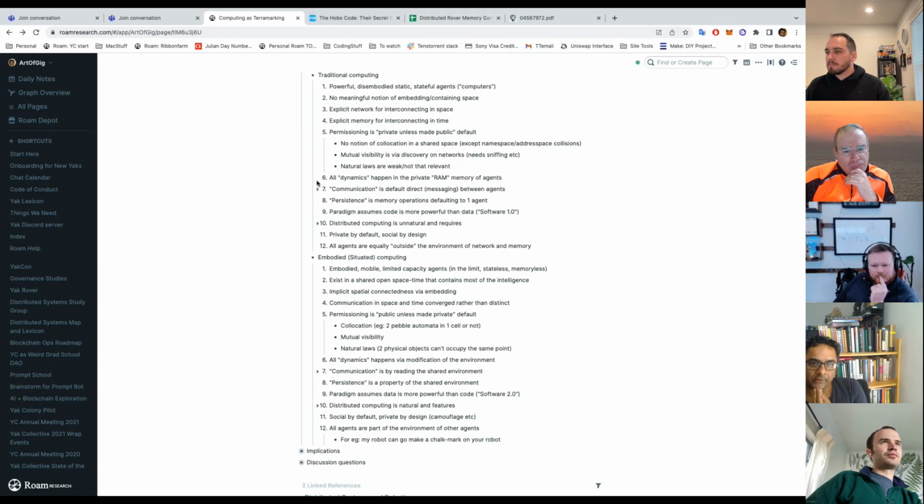Let's see, item number 6. I think it's fair to say all dynamics in traditional computing happens in the private random access memory of agents, whereas in situated computing, it happens via modification of the environment. And it's a shared environment, number one, and also whether it's serial or parallel or random access is a function of the mobility.